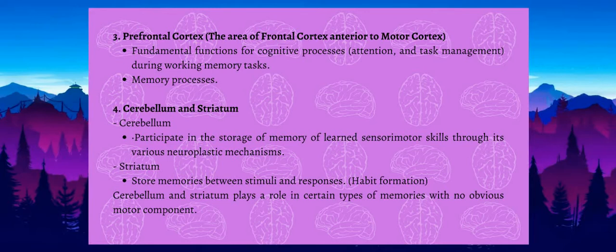The prefrontal cortex consists of anatomically distinct areas that have different functions. Functional brain imaging found that complex patterns of prefrontal activity are linked with memory functions. Some regions serve fundamental functions for cognitive processes, action, and task management during working tasks, and other regions participate in memory processes.